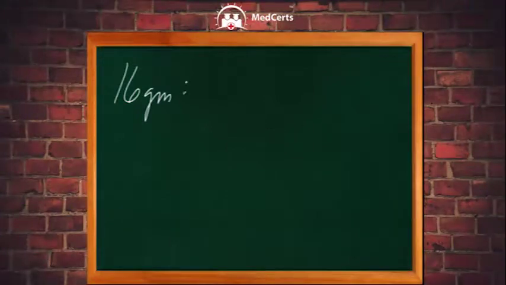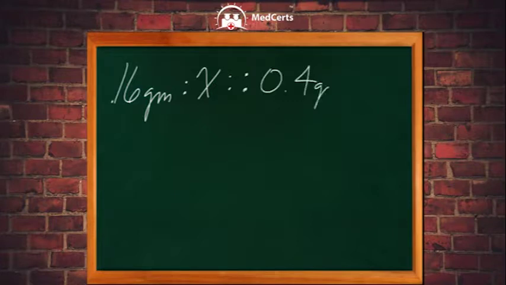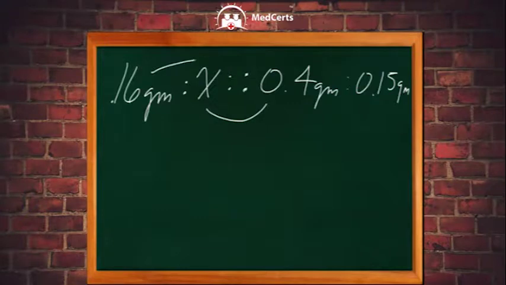Let's take a look at another example. If we're solving for our unknown, if I had 16 grams, which is in relationship to our unknown, in proportion to 0.4 grams to 0.15 grams. Our rule stays the same: multiplying our inners and multiplying our outers.